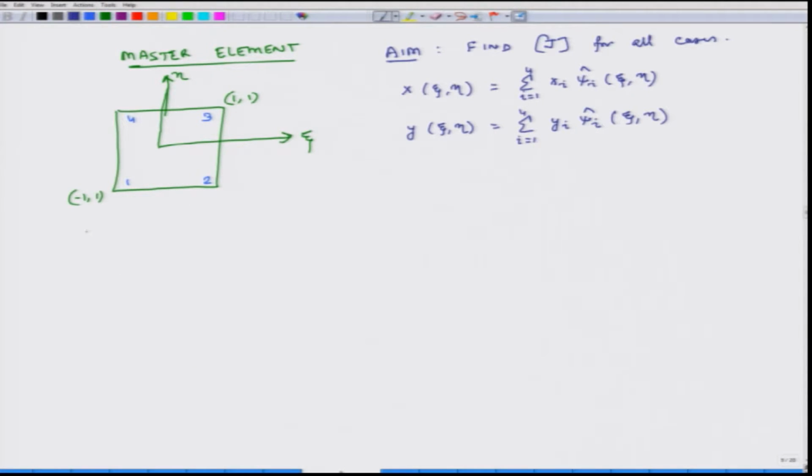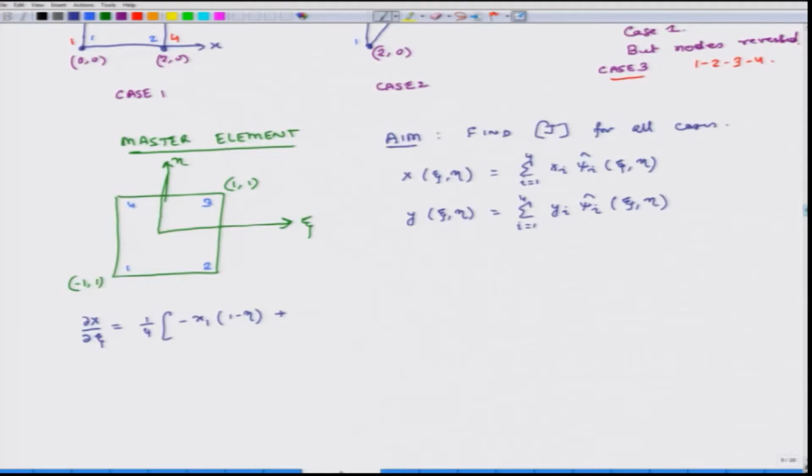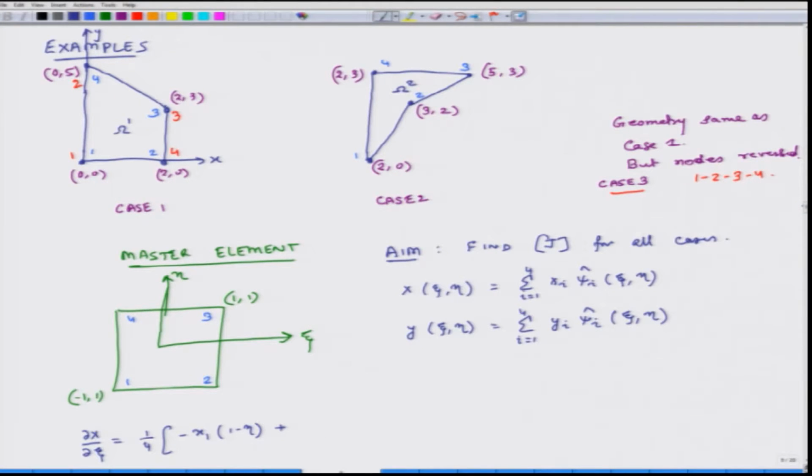So, what I will do is del x over del zeta is equal to 1 by 4 minus x1. So, what is x1? It is the coordinate of the first node. Whatever element we are dealing with, if we are dealing with this first case, case 1, then it will be 0. If we are dealing with case 2, it will be 2, right. So, it is the coordinate of the first node.